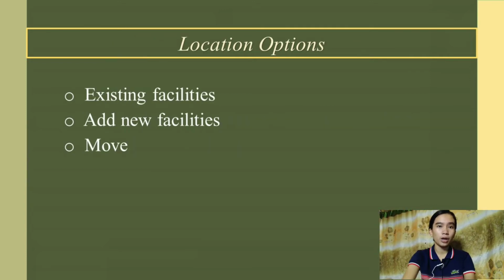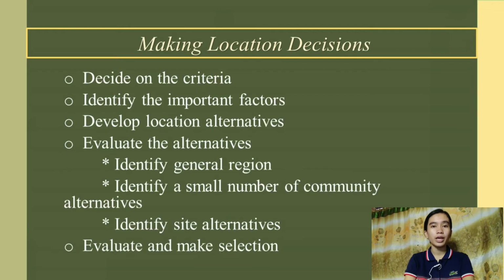Next is the location options, wherein businesses have the options to employ existing facilities, add new facilities, or likewise move, which will depend on whatever they think suits and will best serve the company's short-term and long-term objectives. In making location decisions, there are steps companies usually employ, and these are first to decide on the criteria as to how they will decide with regards to the need of the company.